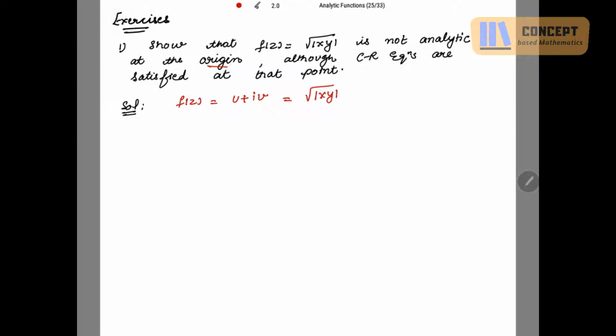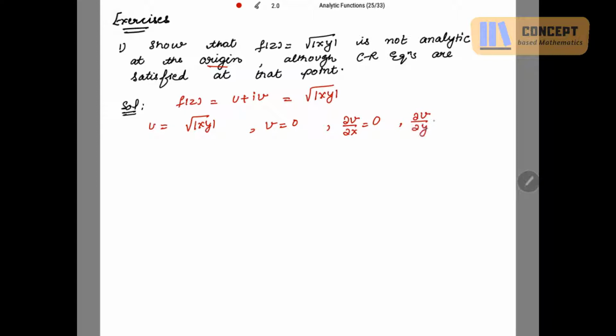Equating real and imaginary parts, your u is root of mod xy. Since there is no imaginary part, v is 0.